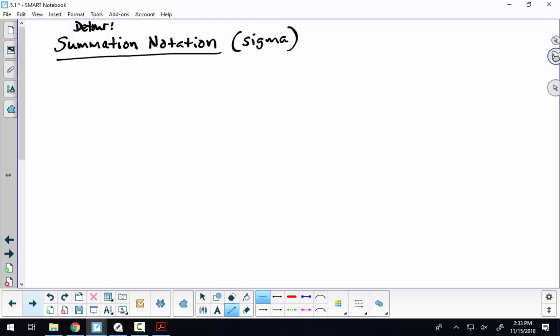So the summation notation is going to allow us to represent sums in a more compact way that we will use moving forward. So sigma notation, sigma just represents a sum. Sigma notation looks like this. You've got a sigma, a starting value, an ending value, and some expression.